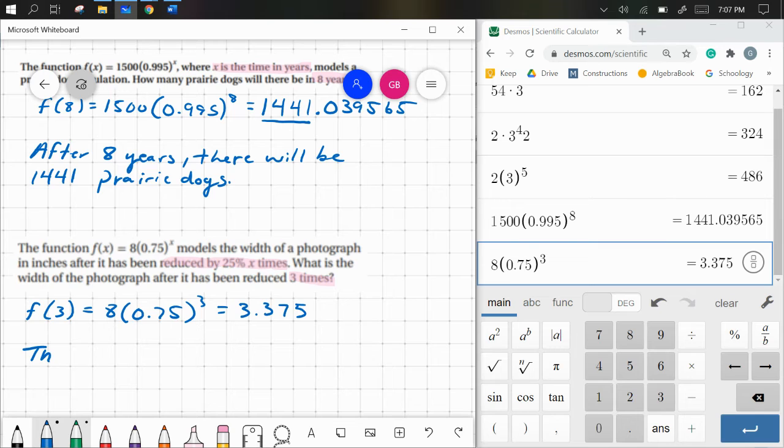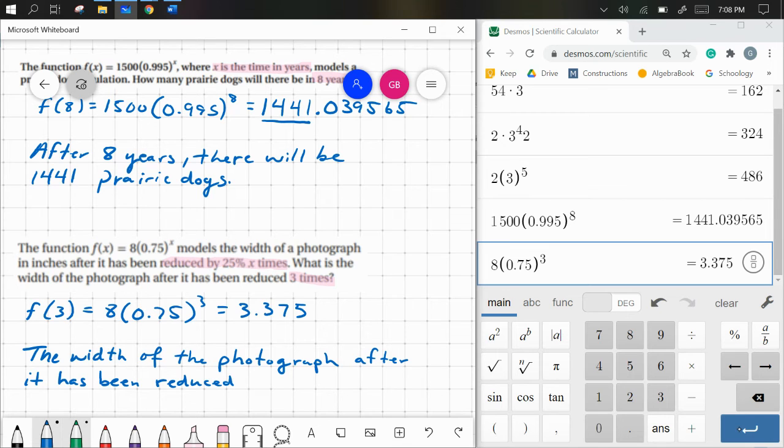So the width of the photograph after it has been reduced 3 times is 3.375, and the units that we're looking for is inches.